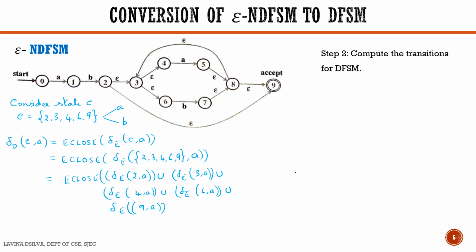So check for each of these states whether we have a delta transition. On state 2, if you have an input A, do we have a transition? No, it's phi. Now state 3, do we have a transition for A? No, this is phi.